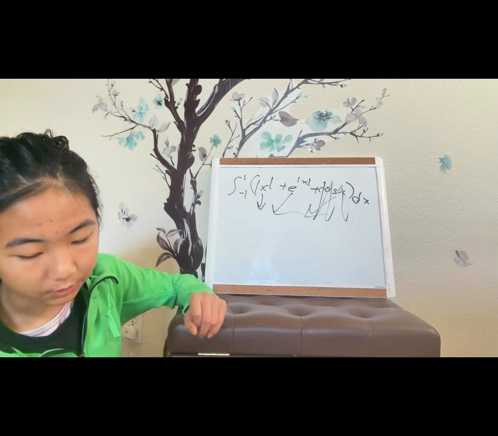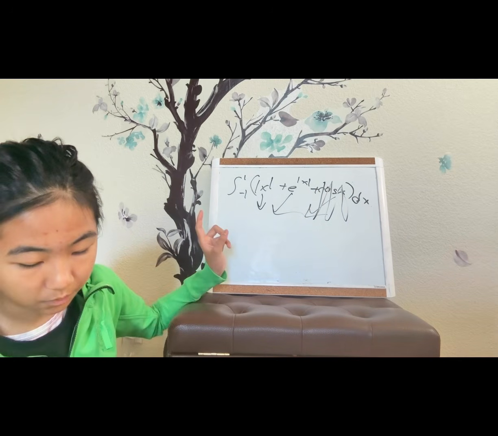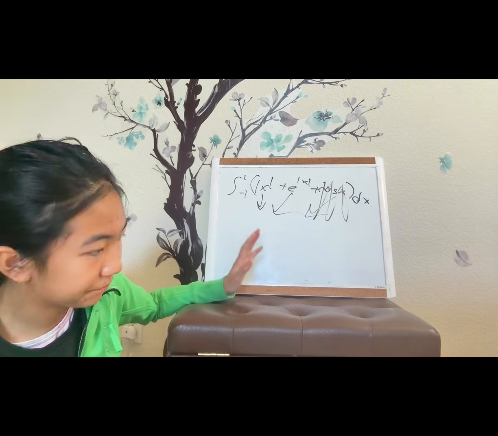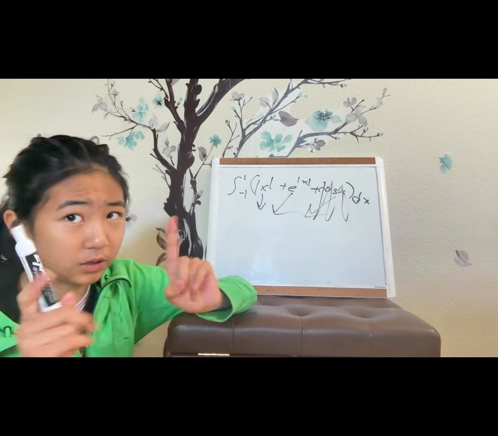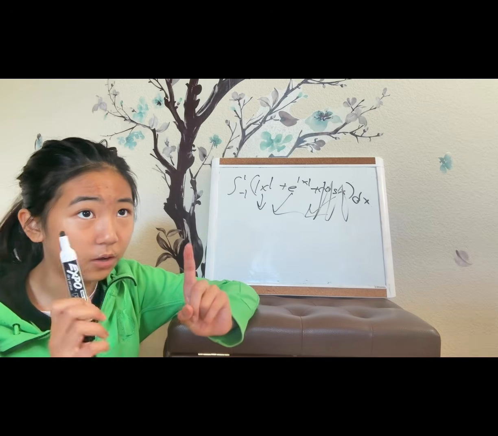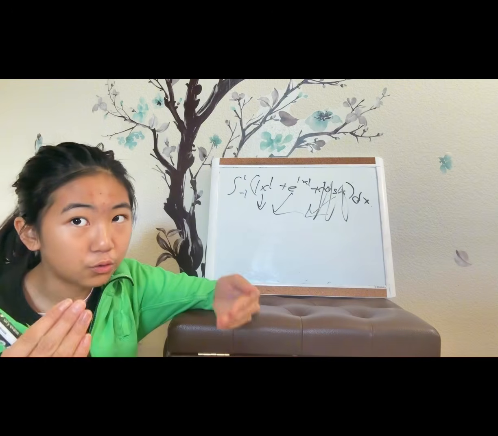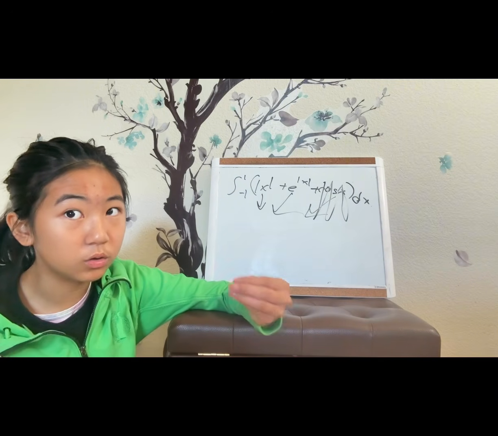Yeah. So since this is symmetrical on the y-axis, now we know that the two things from -1 to 0 and 0 to 1, they are going to be exactly equal.